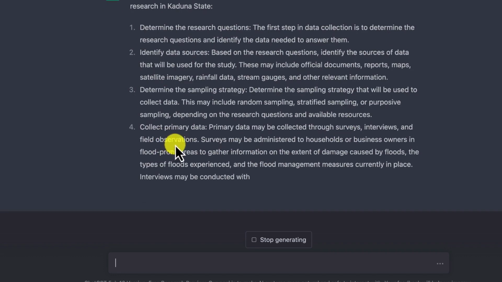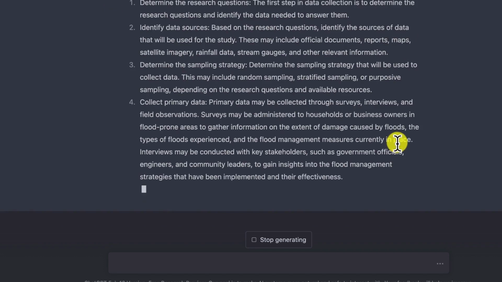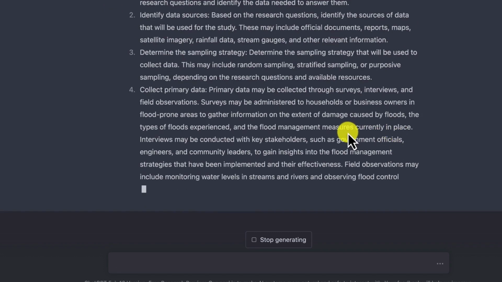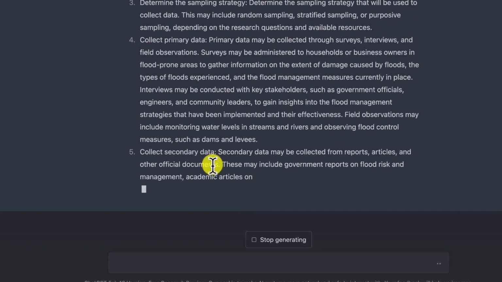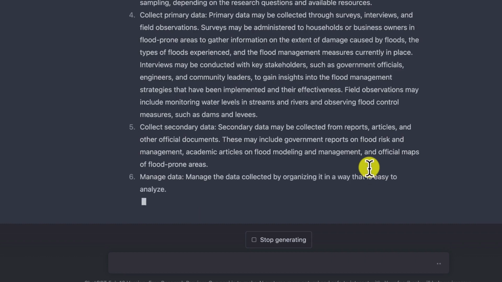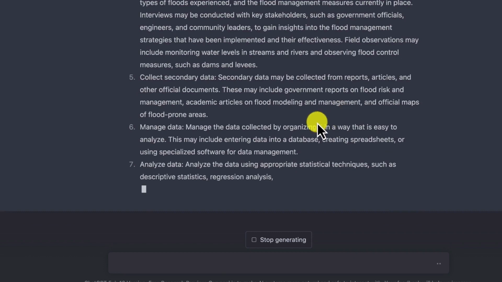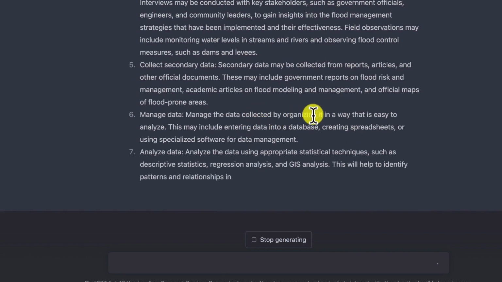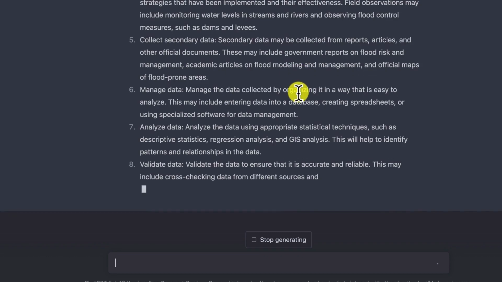You can see collection of primary data. Now it has given you the details: surveys, interviews, field observations. These are key areas that you need to cover, and it's giving you in detail. Then collection of secondary data. This may include collecting data from reports, articles, and other official documents, such as government reports, academic research articles, flood mitigation and flood modeling management, and official maps of flood-prone areas.